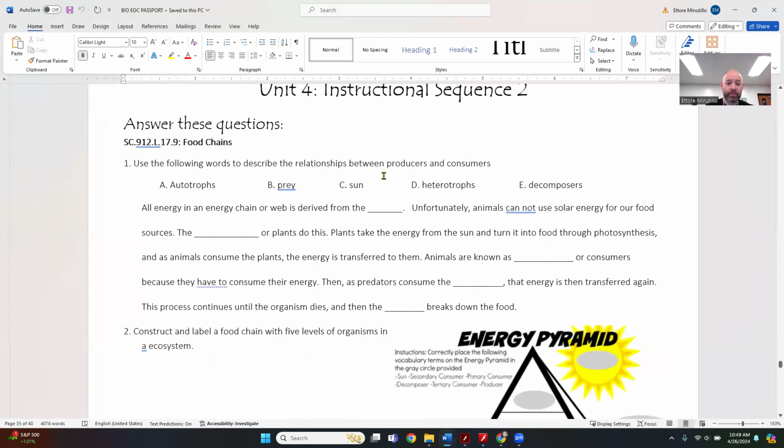Use the following words to describe the relationships between producers and consumers. Keep in mind that producers are specifically going to be things that are doing photosynthesis. Photosynthesis is going to be taking sunlight energy and bringing it into molecules, specifically glucose, as plants do photosynthesis.